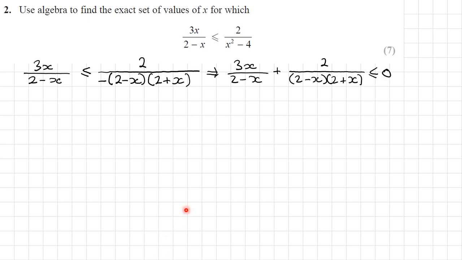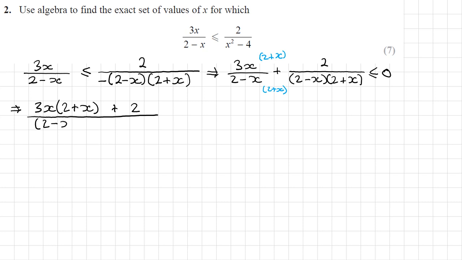From there, I'll multiply the top and the bottom of this fraction here by 2 plus x, giving the same denominator as the second fraction, which means I can put them together. So then I will have 3x times 2 plus x from the first fraction, and then plus 2 from the second fraction, all over this common denominator of 2 minus x, 2 plus x, all less than or equal to 0.